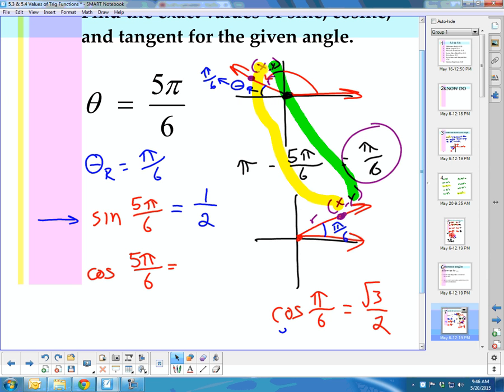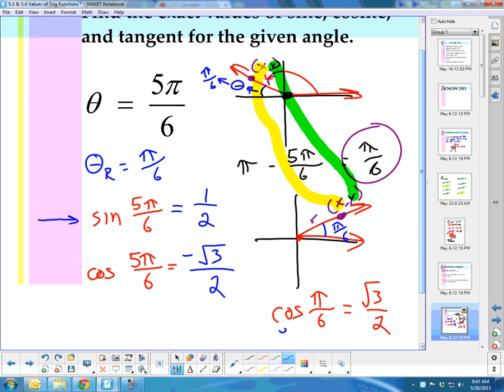So as I find cosine of 5 pi over 6, I'm not going to have root 3, but I'm going to have negative root 3, which does make sense because 5 pi over 6 is a second quadrant angle. In the second quadrant, x coordinates are negative. Over my radius of 2, now the radius stays the same. A radius is just always a positive absolute value. So cosine of 5 pi over 6 is negative root 3 over 2.